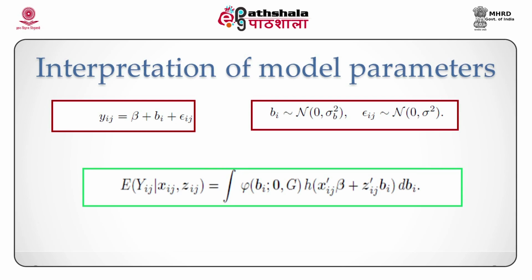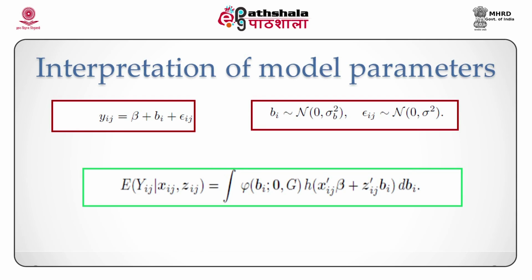We cannot guarantee that this will be equal to h of Xij prime beta. In fact, it will not be equal to h of Xij prime beta, based on what we know about the expectation of nonlinear functions. Thus, the parameter beta here does not have the clear interpretation of an overall averaged mean.